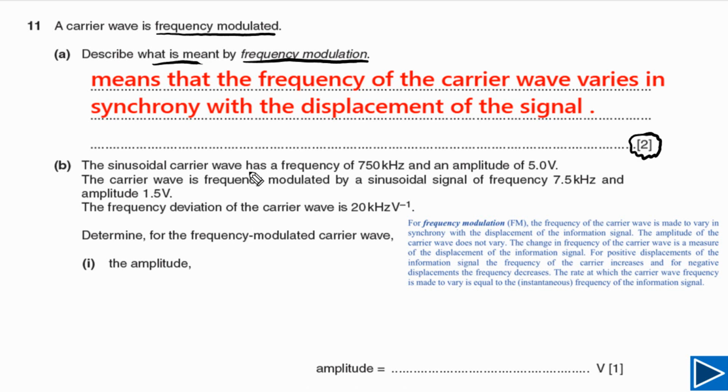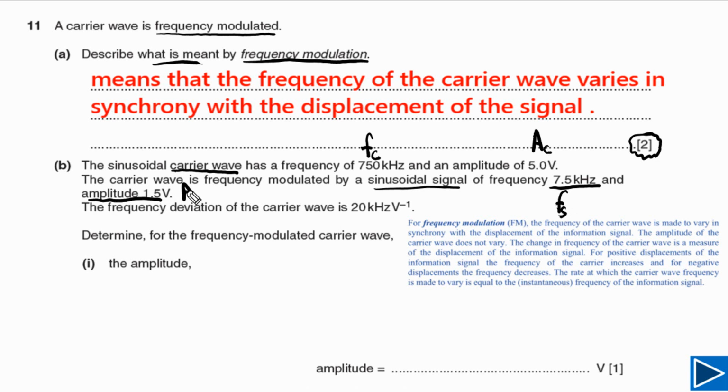If we read this question carefully, it is given to us that the carrier wave has a frequency, and the amplitude of the carrier wave is also given. The carrier wave is modulated by a signal, and the frequency of the signal is given, so this is the frequency of the signal, and the amplitude of the signal is also given.